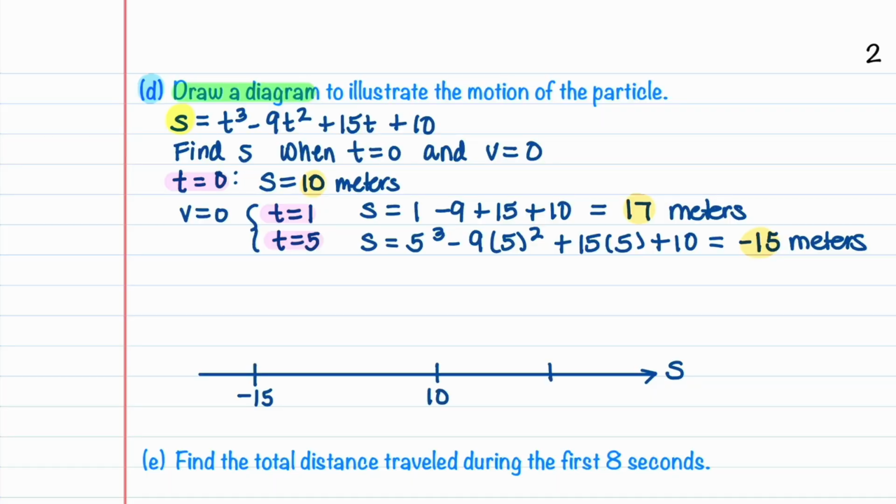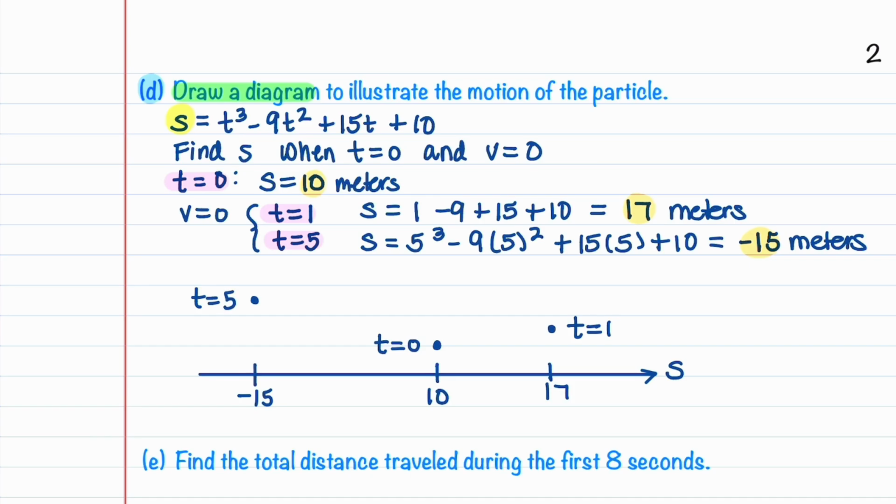And then 17. When t is 0, our position is 10 meters. So I'm going to put a dot here, and I'm going to mark this t as 0. When t is 1, we are at 17 meters. So I'm going to put a dot here and put in t as 1. And then when t is 5, our position is minus 15.